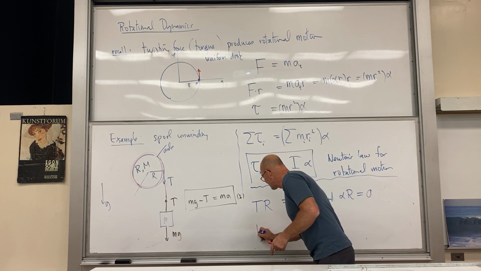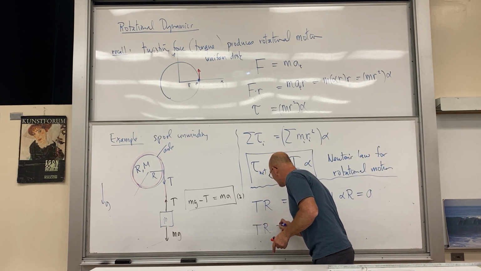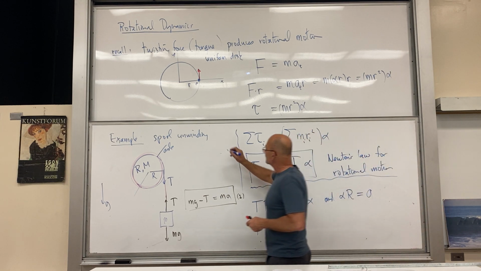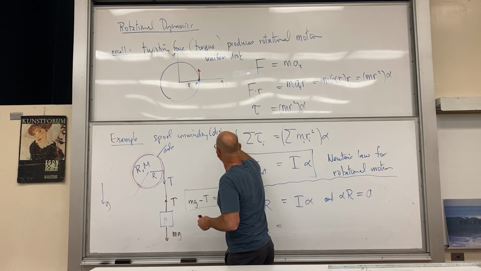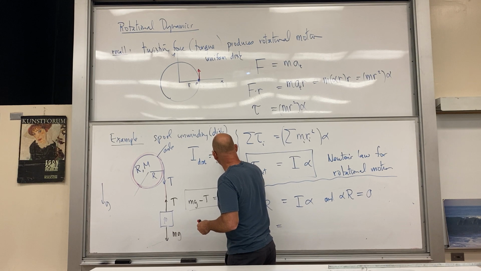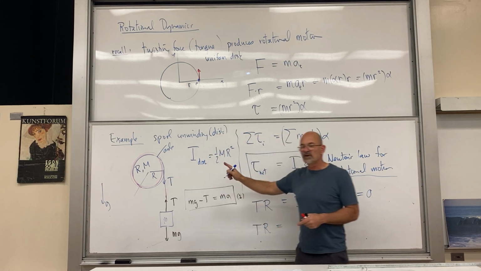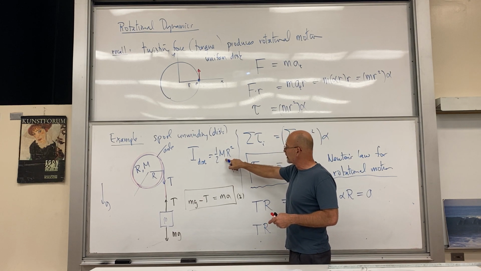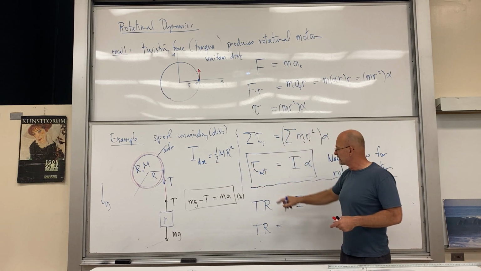T, tension, times R. The moment of inertia of a disk, so we're going to say it's a disk, I sub disk is equal to 1/2 mr squared. I'm pretty sure I had that on the board the other day. The moment of inertia of a disk, 1/2 mr squared, should be in your book as well.